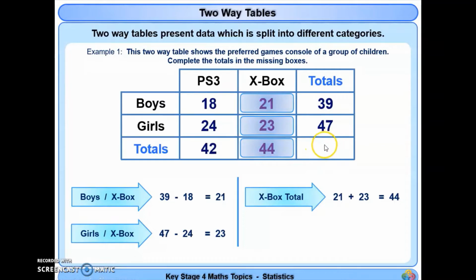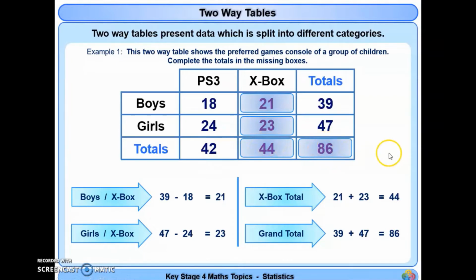So we should know if our two-way table is correct, because this number will be the answer to these two added, but also these two added. So that's going to give us 86. And if we double check there, 42 add 44 gives us 86. So we've completed the two-way table.